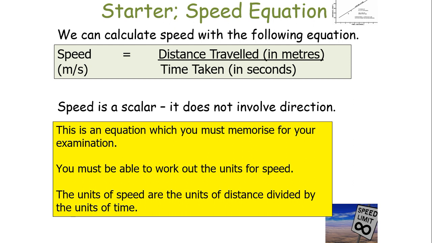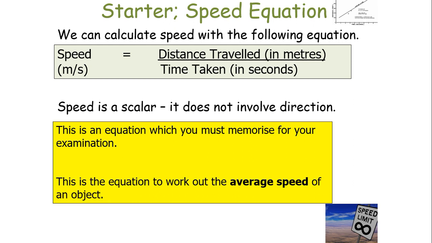In physics we tend to have distance in meters and time in seconds, so the unit of speed is meters per second. There's nothing wrong with miles per hour or kilometers per hour, but then we're not using the standard units for distance and time, so we don't tend to use those in science.